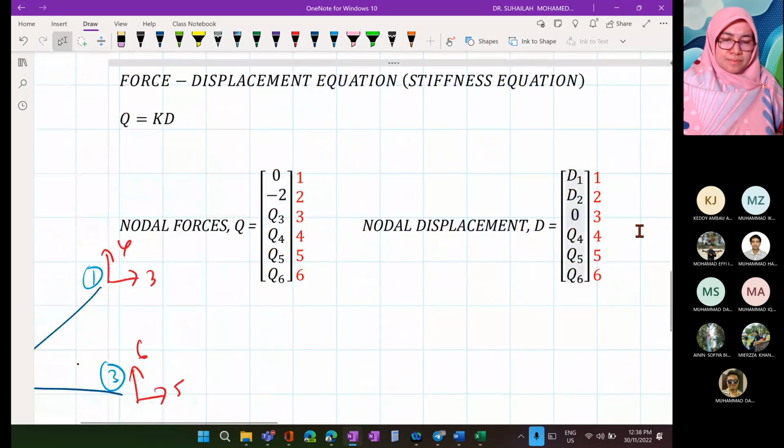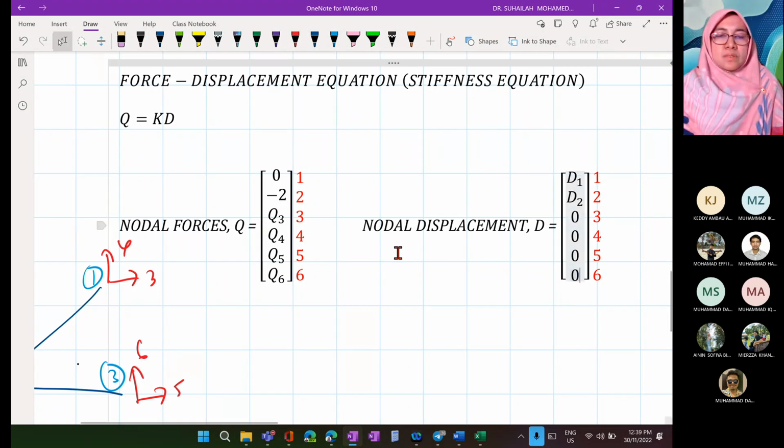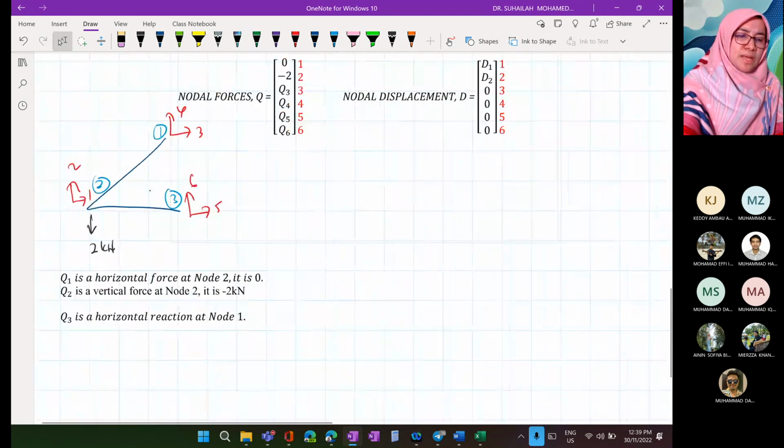It is 0 because it is support. The definition also is the same.